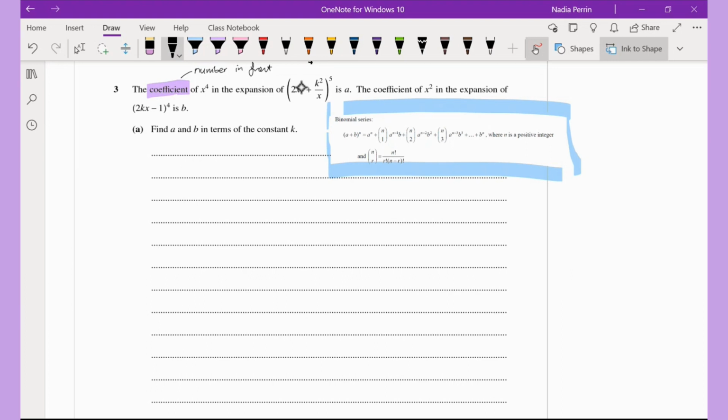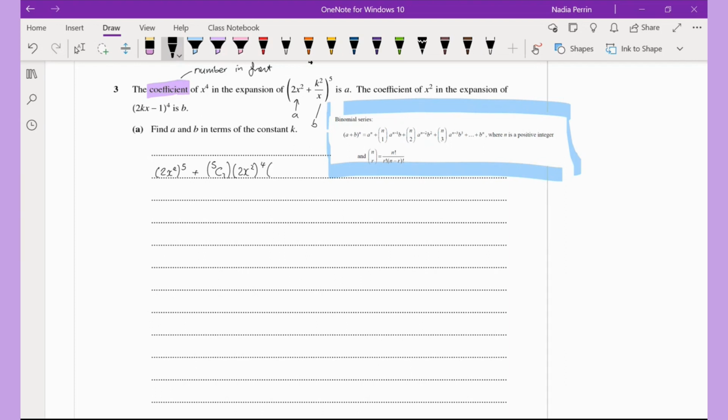So in this particular situation, this is A and this is B. So if we were going to start expanding that, we would of course be doing (2x squared) all to the power of n. And the next one would be 5c1, and we would do (2x squared) all to the power of 5 minus 1, so 4.